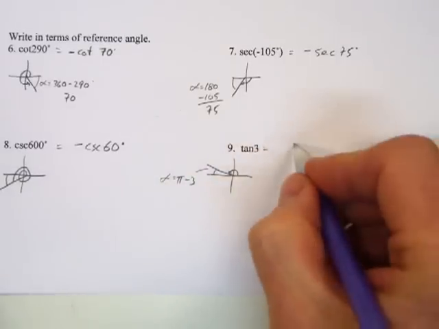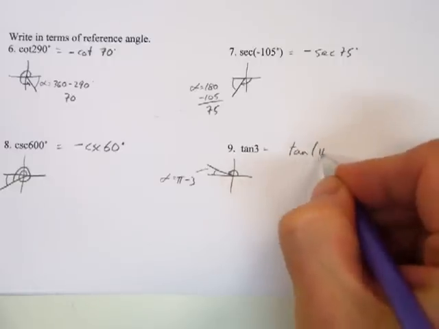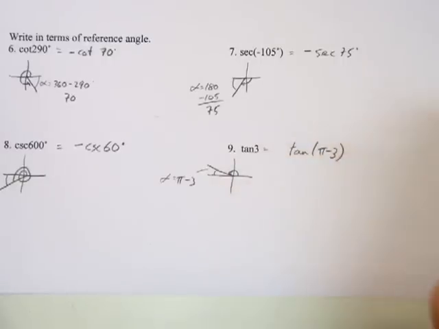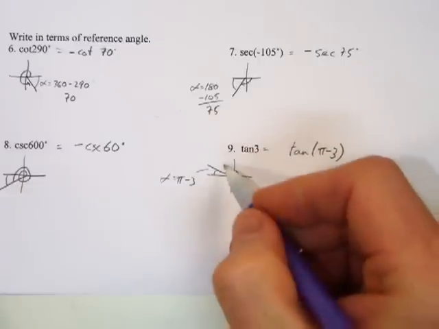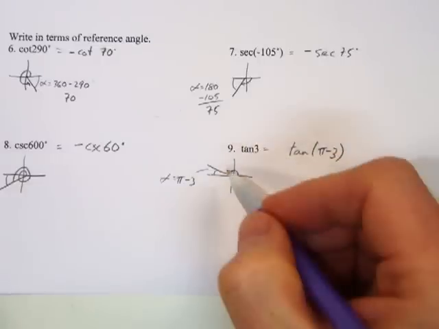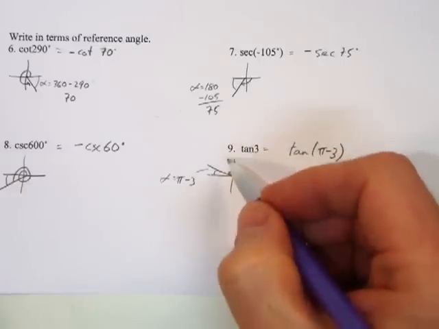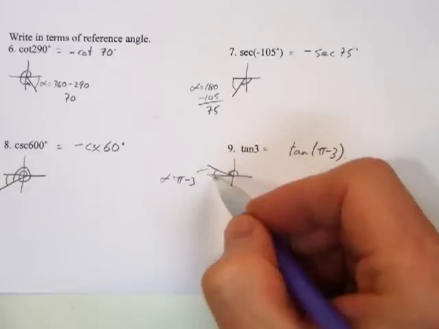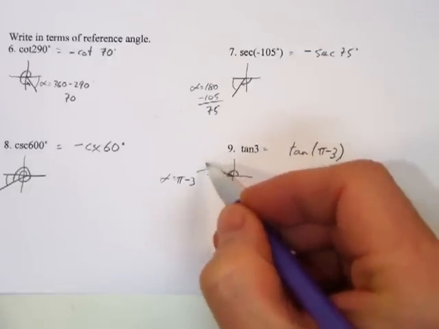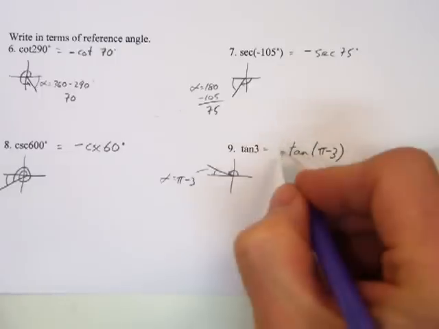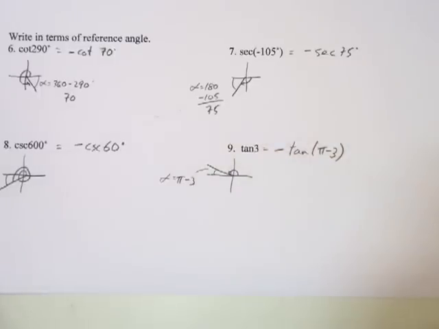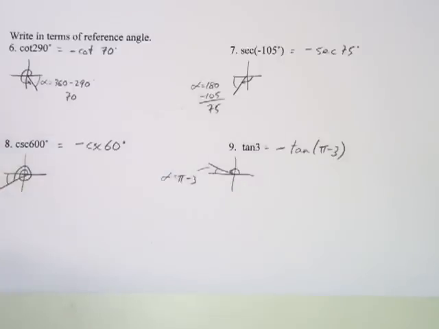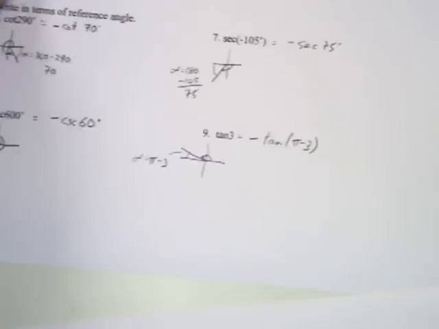And we have tangent of pi over 3. Now we have to determine, is tangent positive or negative in the second quadrant? Well, tangent is sine over cosine. Sine is our y value. The y value is positive. The cosine, our x value, is negative. A positive divided by a negative is negative. And so really, there's no significant difference for doing those things. You just have to remember which ones go with which.